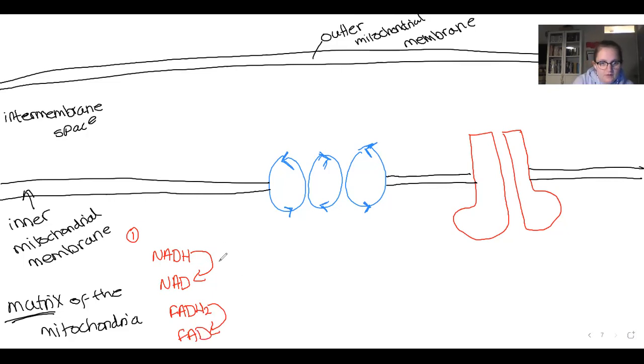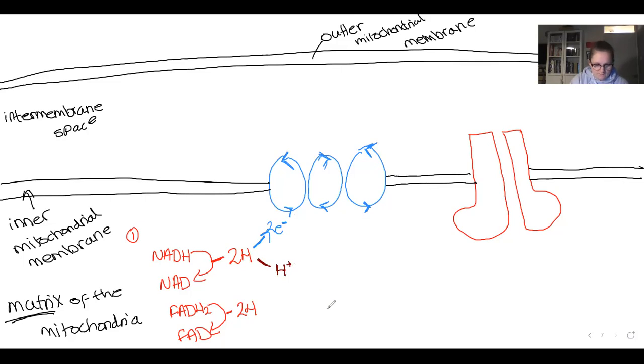I'm going to use NAD as the example here. Two hydrogen atoms are released, and the hydrogen atom is split into electrons and protons. Our electrons go up here, and we'll show the protons as hydrogen ions, and they go here.